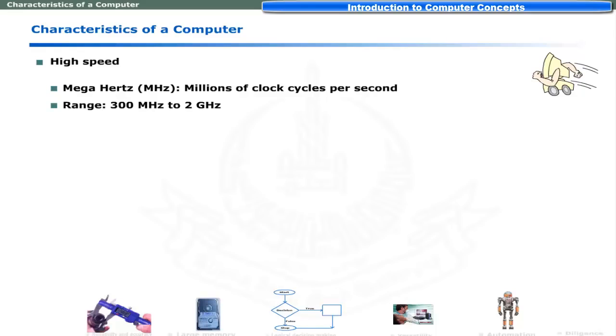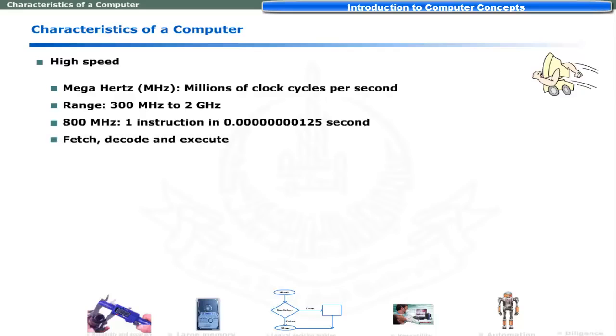A typical 800 megahertz computer takes a very small fraction of a second to complete 1 cycle. Normally, several clock cycles are required to fetch a single instruction from memory, decode it, and execute it.